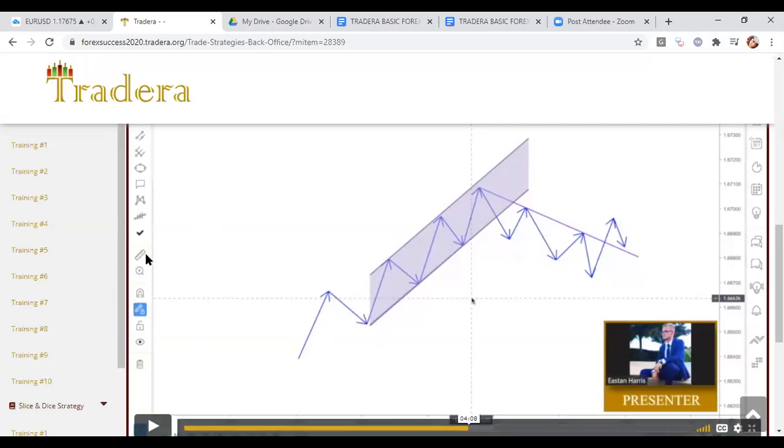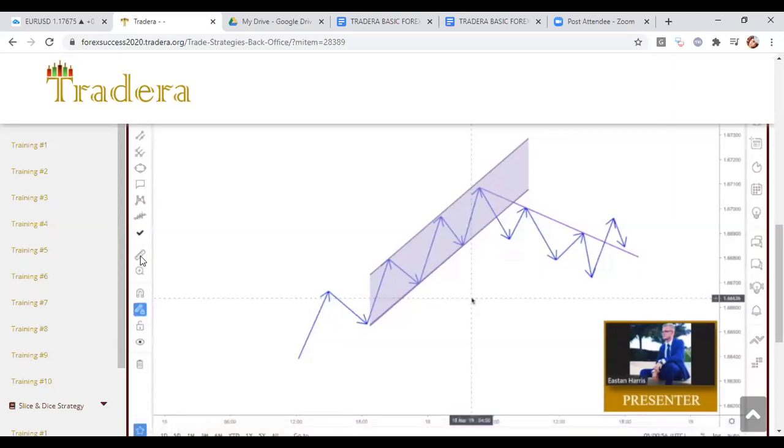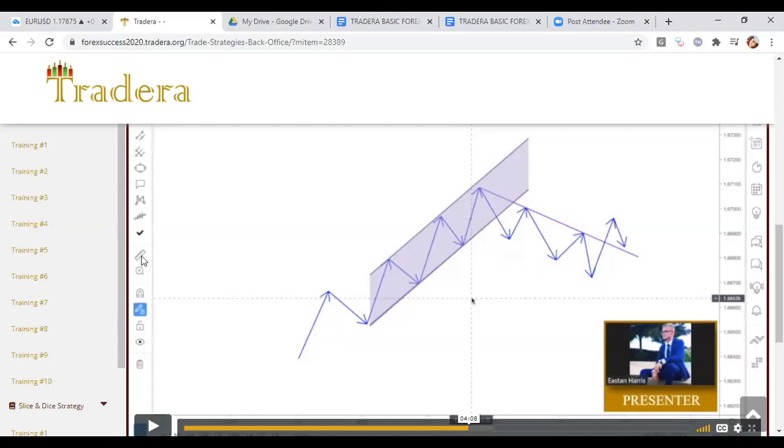But sometimes you might want to just mark a move and see how many pips it is. So you grab this little ruler right here, and then you place it. And if you're going up, you move it up. It'll tell you how many pips when you stop. If you're going down, you go down, and it'll tell you how many pips. All right. Thank you.